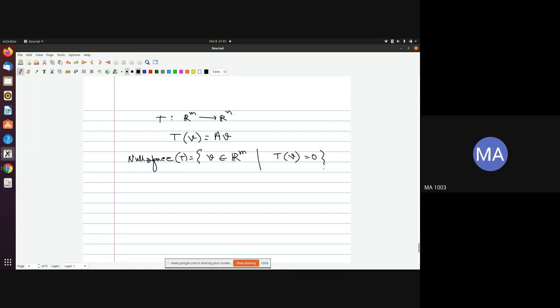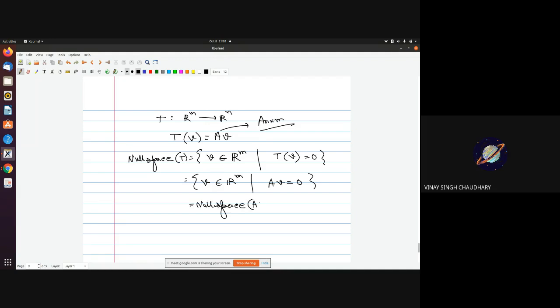This matrix is an n cross n matrix, so this means v such that Av is 0, correct? This is the same as the null space of A. We know how to find the null space of A.